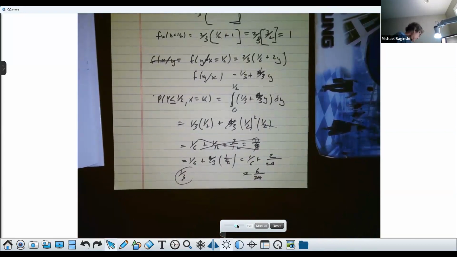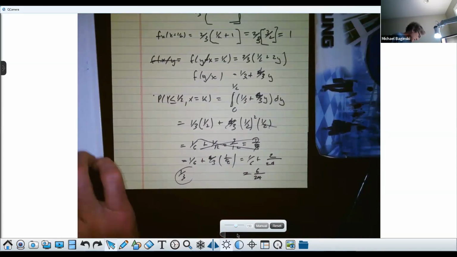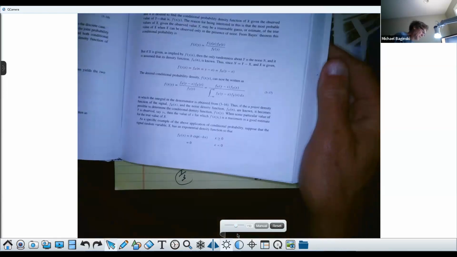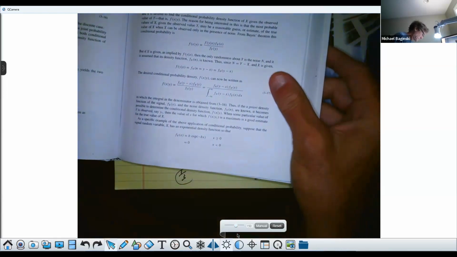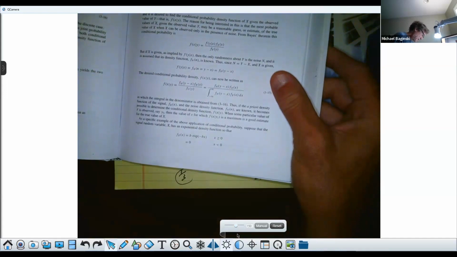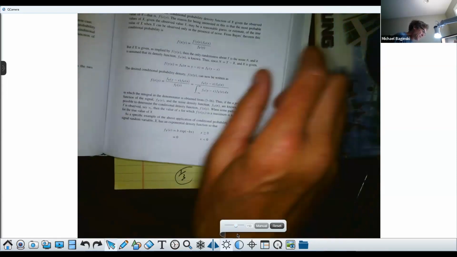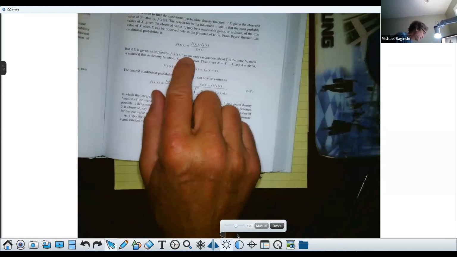Now, I'm going to say one other thing about this. That's a straightforward example of conditional probability in a nutshell, on how to do it. There are some things in here that get a little confusing, and I want to mention this. I'd rather do this on a board, but if you take a look, I don't know if he has this one.